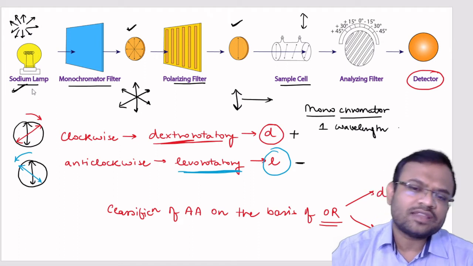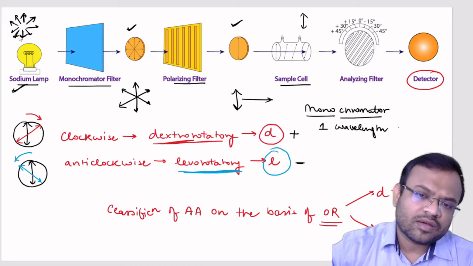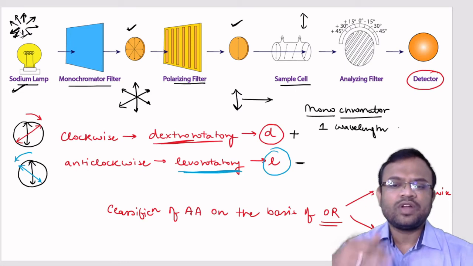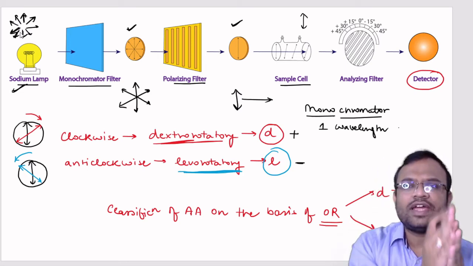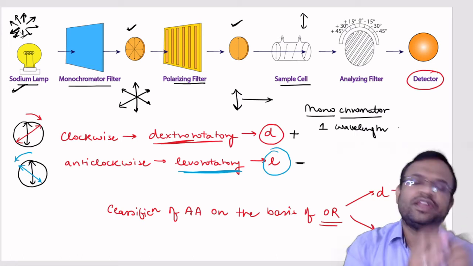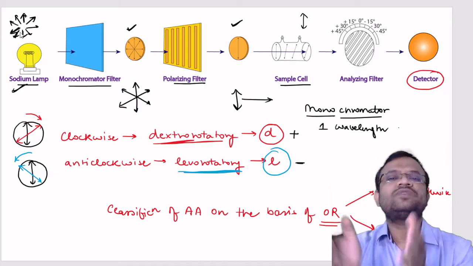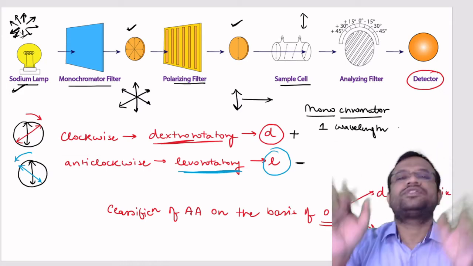Now you would understand that this sodium lamp would have light with wavelengths and different directions. That means it would have different wavelengths, as well as rotation in different directions.